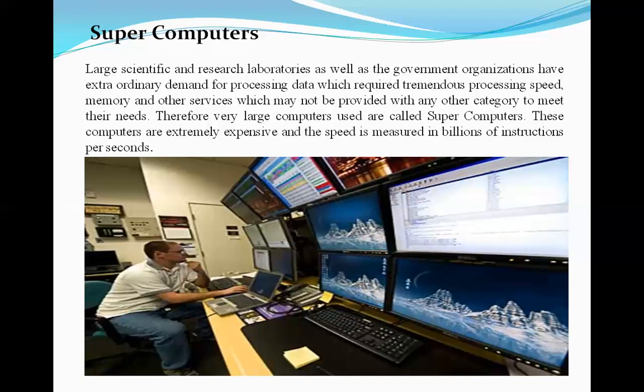Advances like multi-core processors and general purpose graphics processing units have enabled powerful machines that could be called desktop supercomputers or GPU supercomputers.